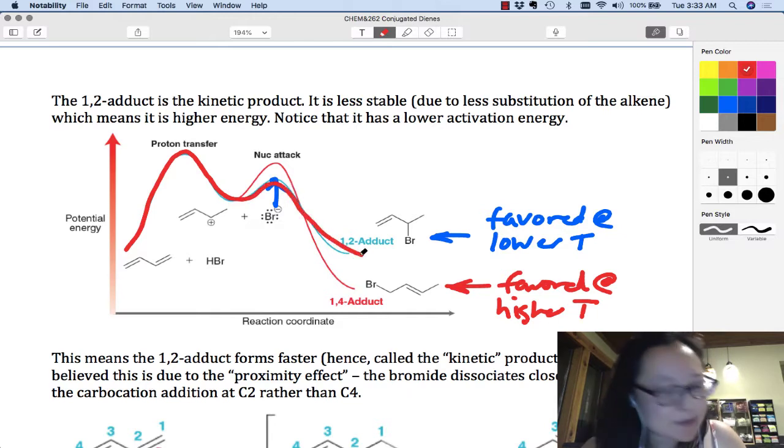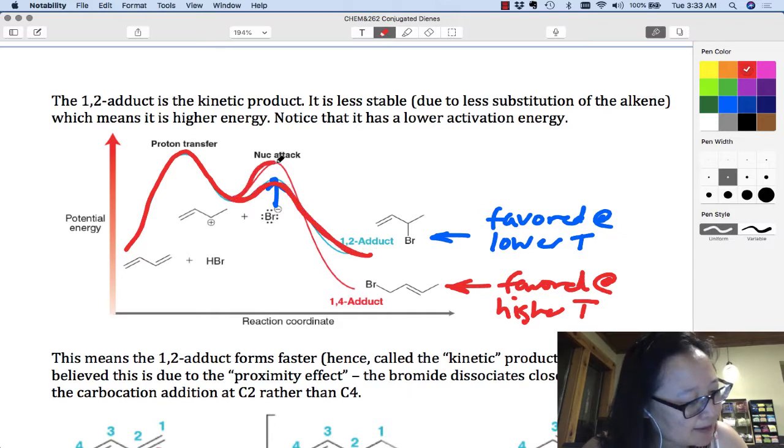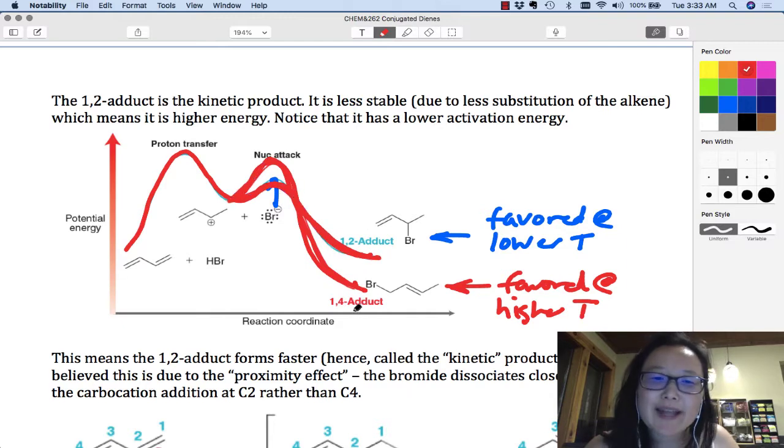Well, at higher temperature, you're more likely to be able to reverse and then meet this energy requirement and go down to here. But you're less likely to go back all the way up here again. So you're more likely to be able to reverse the kinetic product and meet the extra energy you need to get to the thermodynamic product.